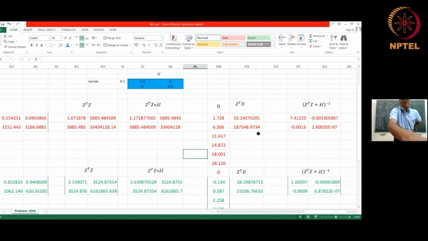So look at this Z transpose T Z and Z transpose T Z plus lambda I. The identity matrix is 1001. Multiplying by 0.1 is 0.1 0 0 0.1. So A11 and A22, just 0.1 is added.